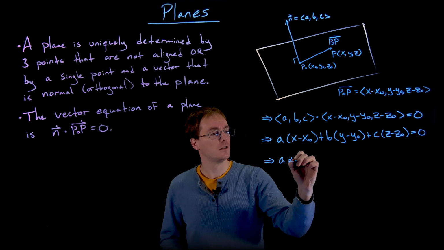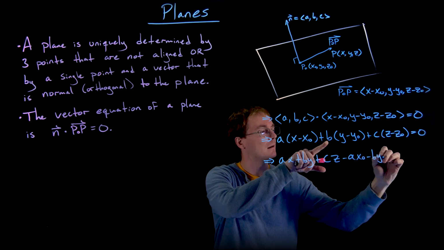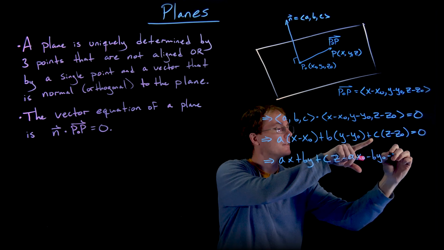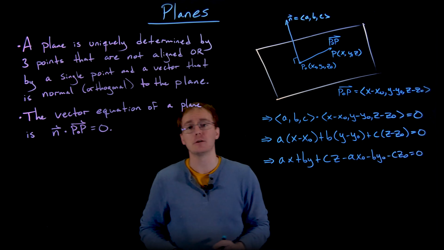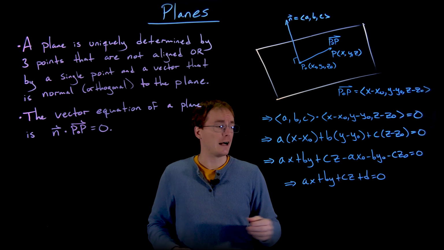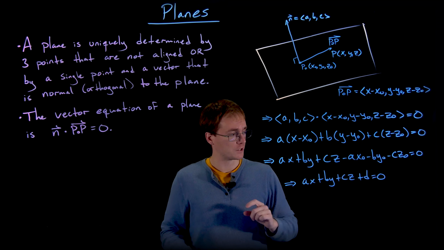Every other term is technically going to be a constant that we could combine together if we knew the values of a, b, c, x naught, y naught, and z naught. If we finish using the distributive property to expand everything here, the rest of the pieces would look like negative a times x naught minus b times y naught minus c times z naught, and all of that will still be equal to 0.